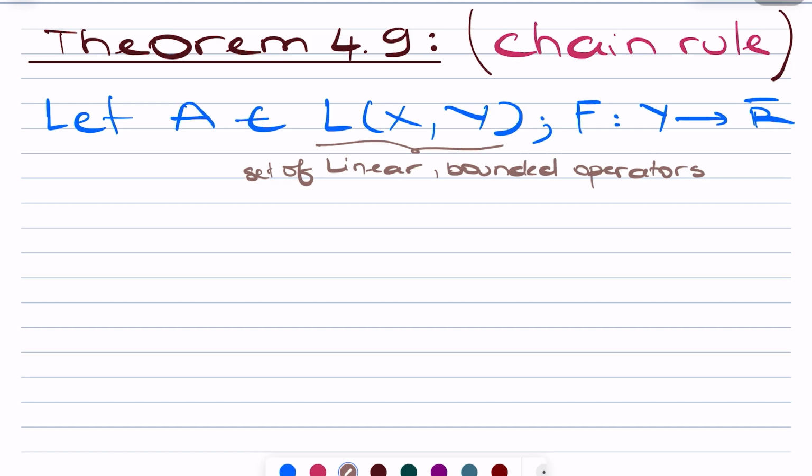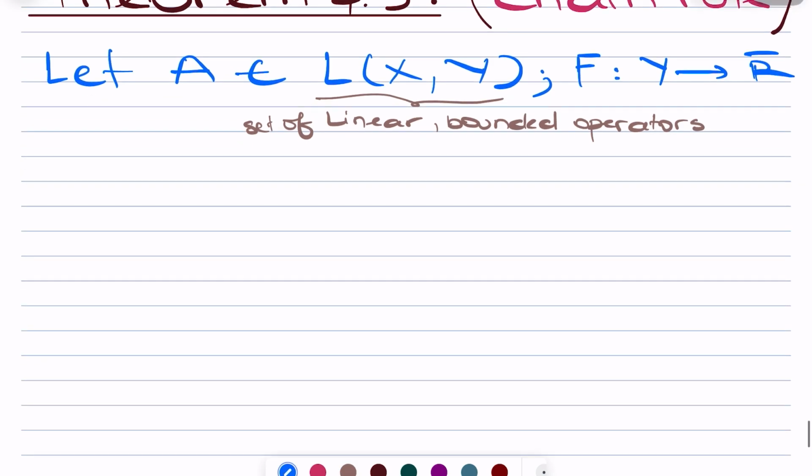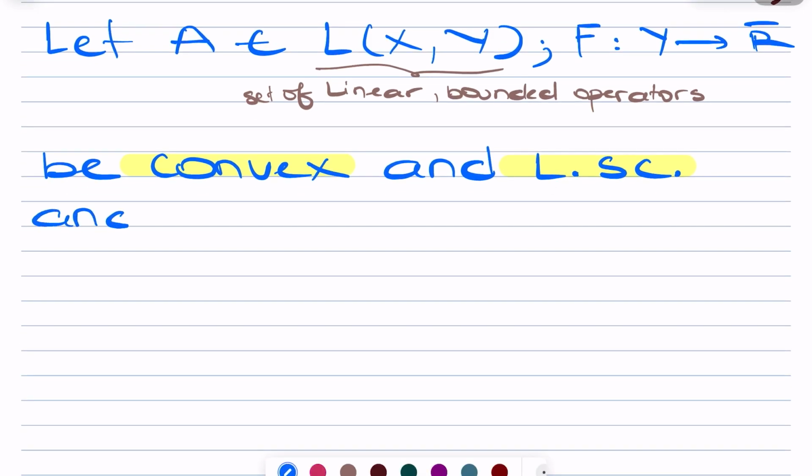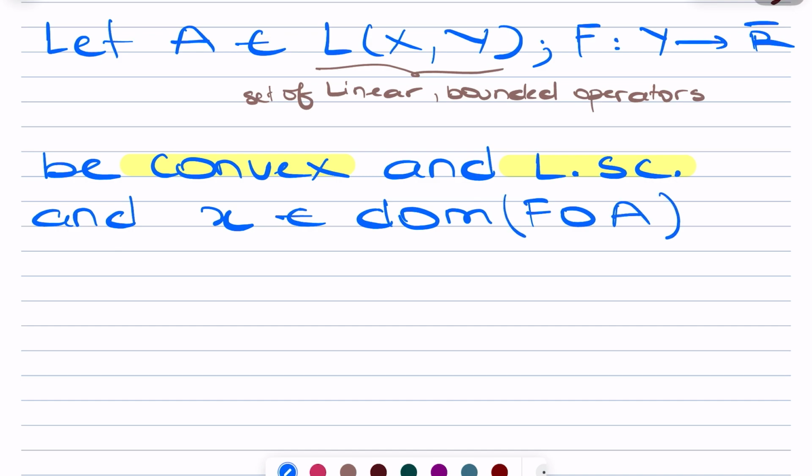and f defined from Y into the completion of R be convex and lower semi-continuous. Let me highlight convexity and lower semi-continuity. And say you have a point x that lives in the domain of f composed with A, the effective domain of the composition.